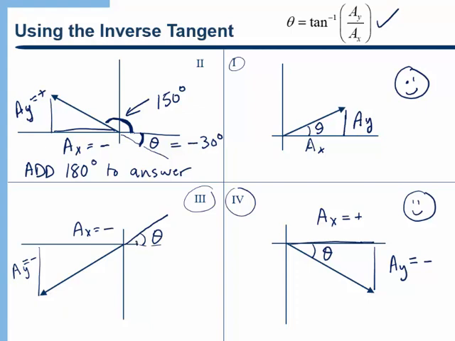But notice the angle we want is that entire angle. But once again, let's say theta came out to be 30 degrees. All we need to do is add 180 degrees to the answer. And so in this case, the correct answer would be 210 degrees. That would be the angle, again, from the positive x-axis.